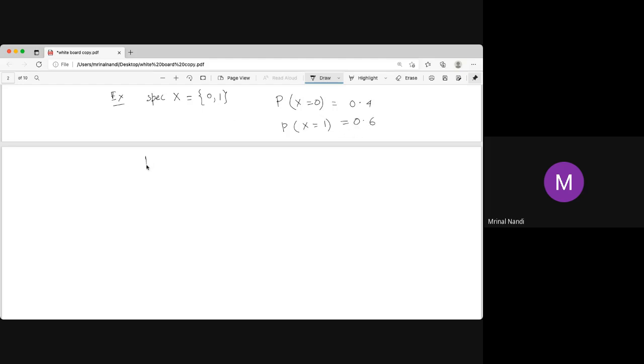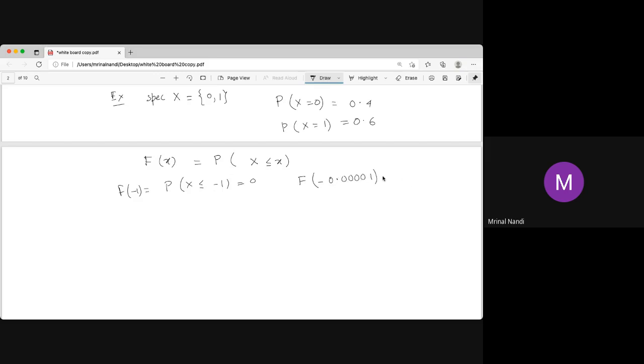Now what is the distribution function and what is the definition? F(x) is the probability of X less than or equal to x. What is the probability of X less than or equal to minus 1? It is 0, since X takes only 0 and 1. So F of minus 1 is 0, similarly F of minus 2 is 0, F of minus 7 is 0. What about F of minus 0.00000001?